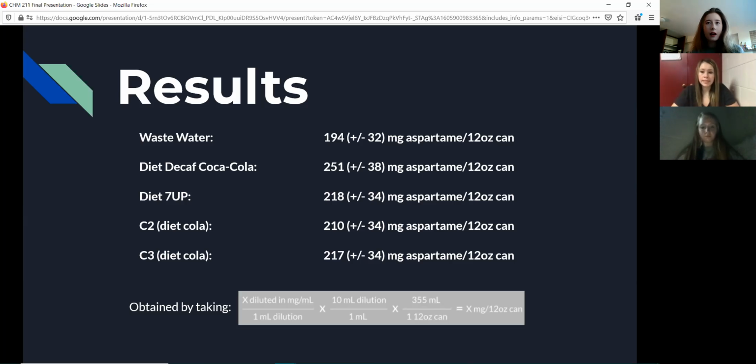And the diet decaf Coca-Cola had the highest concentration of aspartame, possibly to make up for the lack of caffeine. None of these solutions or drinks are even close to the EPA limit for aspartame per day that a 60 kilo person can have. So it's very safe to drink unless you're taking an entire 12 pack, but I don't think many people do that.